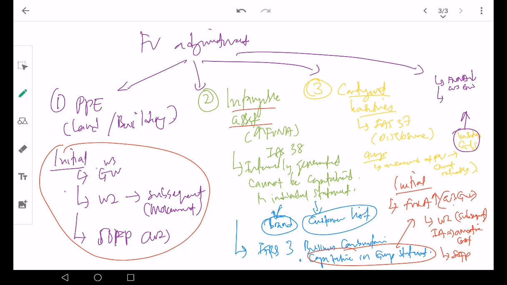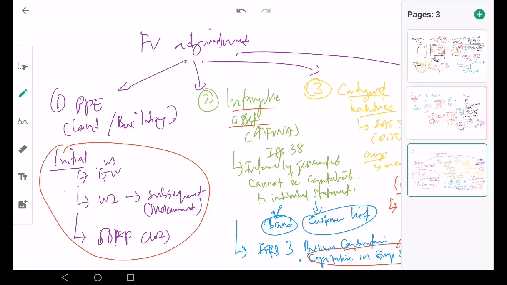Alright. Next, working 2. Why working 2? You want to know your presentation, how much you want to put under your SOFP. There is no movement here, no subsequent. That means the amount will be the same at initial and at year end as well.